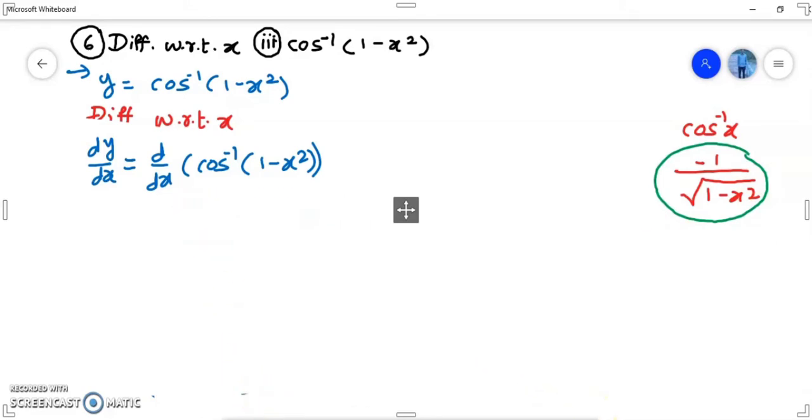In the same manner, the derivative in this case is going to be minus 1 upon root of 1 minus, what is our x in this case? Cos inverse of 1 minus x square and cos inverse of x. So x is replaced by 1 minus x square. So just write that 1 minus x square there.